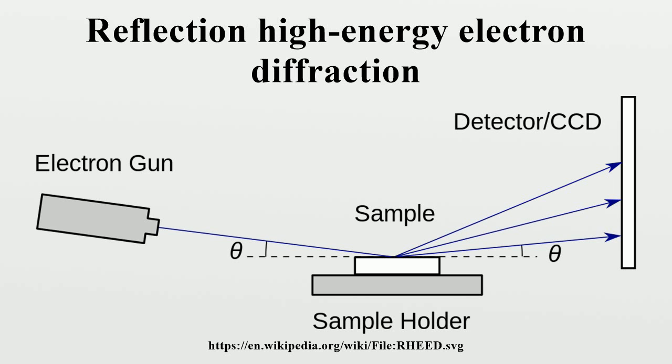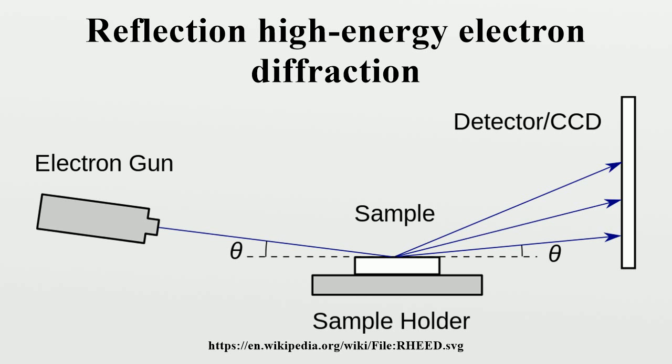In a typical RHEED setup, one magnetic and one electric field focus the incident beam of electrons. A negatively biased Wehnelt electrode positioned between the cathode filament and anode applies a small electric field, which focuses the electrons as they pass through the anode. An adjustable magnetic lens focuses the electrons onto the sample surface after they pass through the anode.